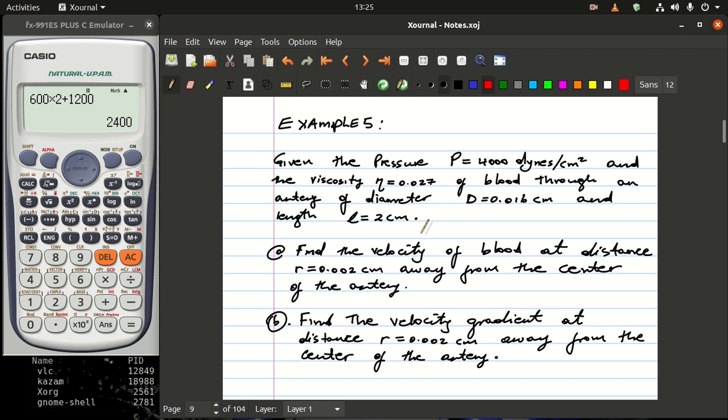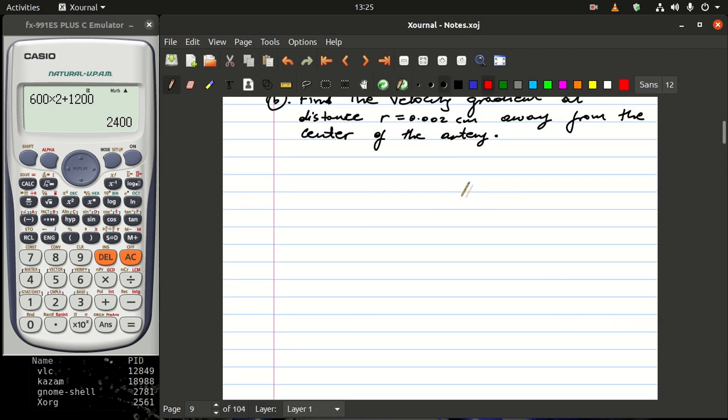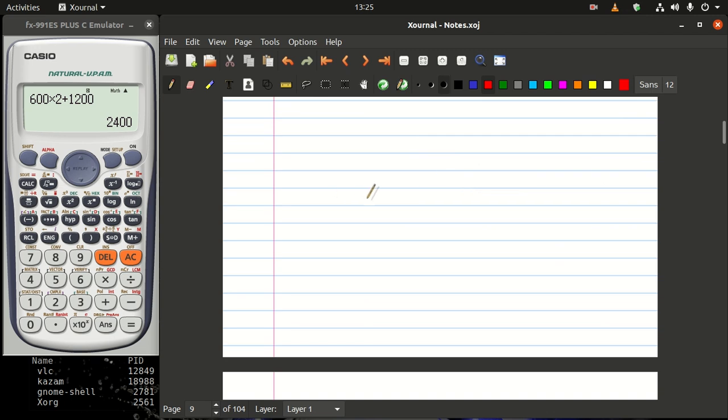And then we talked about what the diameter is. I want us to analyze this problem a little. Suppose that you are cutting an artery. So this, I'm going to say, is your artery or your vein.